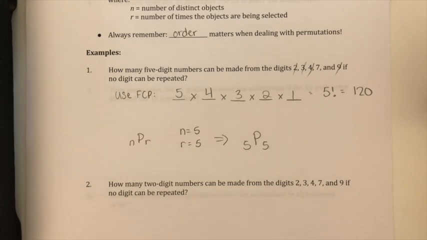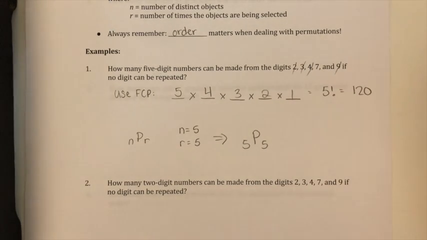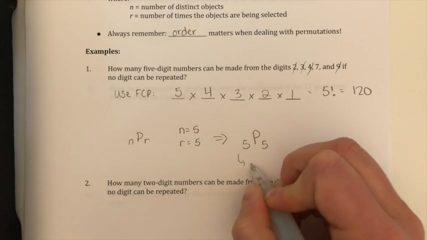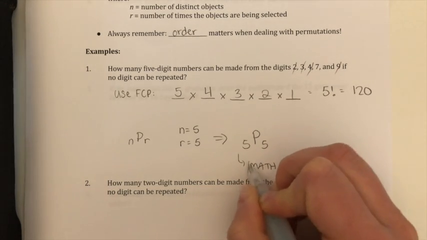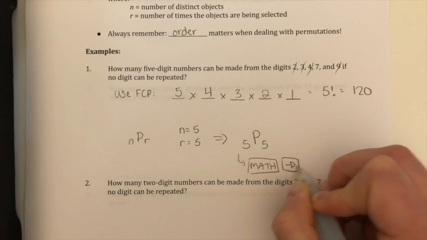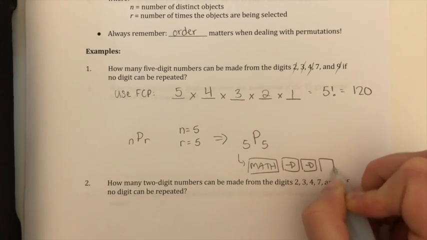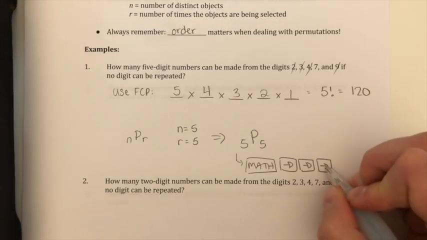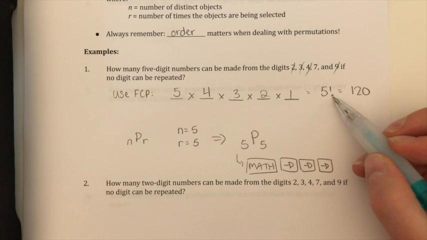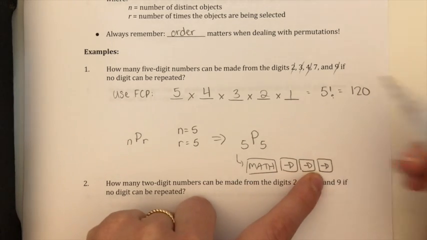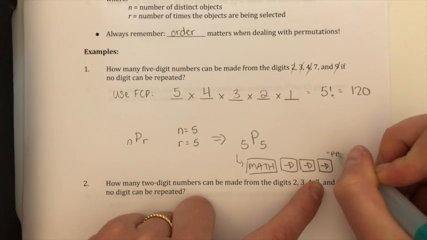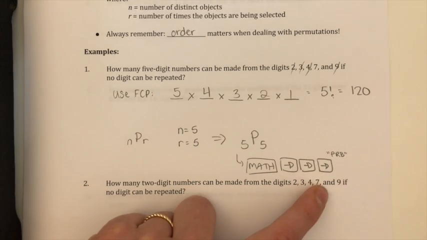I don't have my calculator with me, so I can't actually show you how to get to this, but if you press math and then scroll over 3 times to PRB, just like we did when we were looking for that factorial notation, that's going to get you to probability functions.